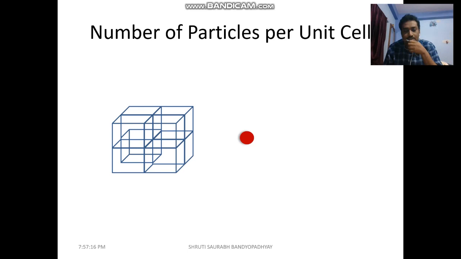So these are 8 unit cells, and we can see that the particle at this point, one of the corner points, is shared between 8 cubes. 1, 2, 3, 4 cubes at the upper level, and 1, 2, 3, 4 cubes at the lower level.